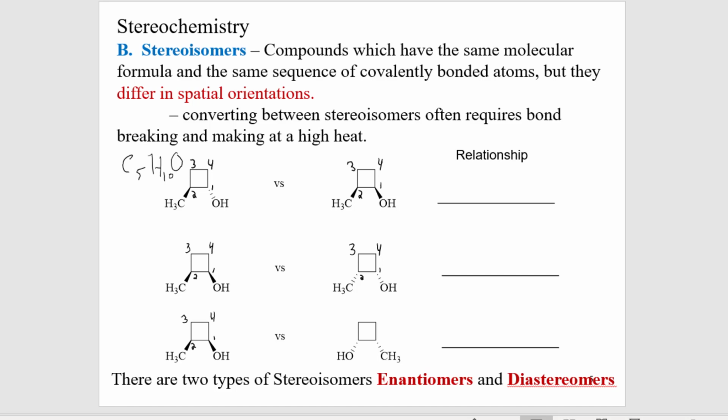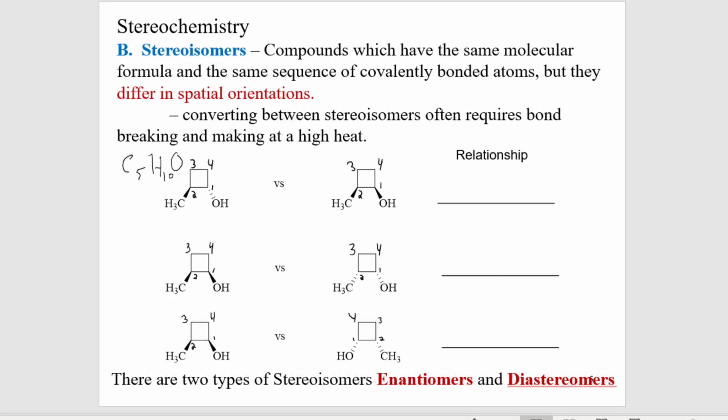Even the one at the bottom right, the alcohol is at 1. Again, remember, you're the one that numbers. 1, 2, 3, 4, alcohol at 1, carbon at 2. So naming these right now, from what we know, there isn't going to be a difference between any of these other than some through space relationship.